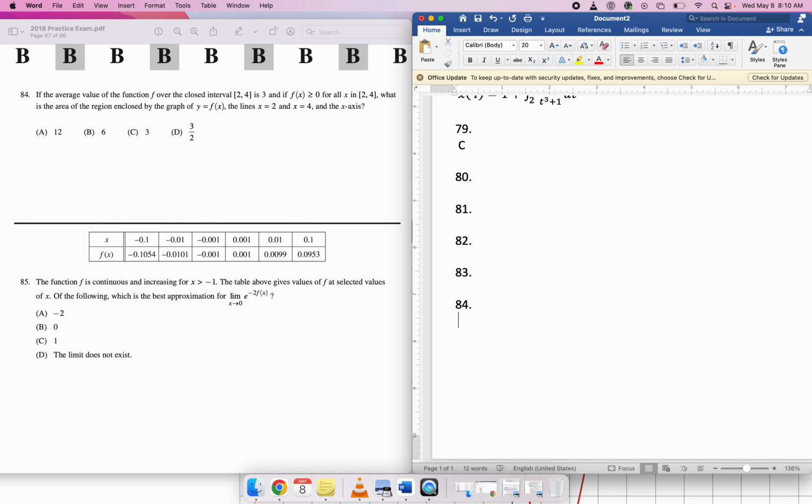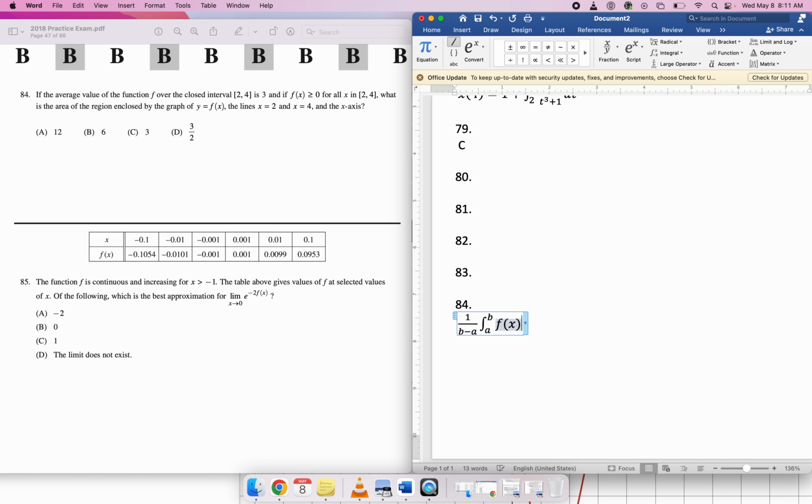Well, the average value of the function f, in general, the average value over the interval a to b is 1 over b minus a times the integral from a to b of f of x dx. That's the average value formula. We're told that the average value of this function over the interval 2 to 4 is equal to 3.